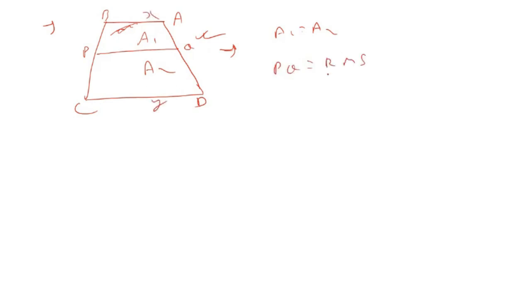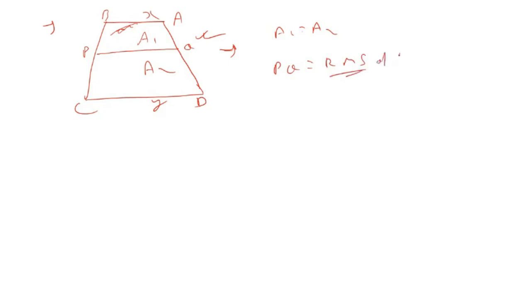There is also a concept: if we draw a line that divides the trapezium into two equal areas, so A1 equals A2, then PQ will be equal to the root mean square of the parallel sides. It is a good way to remember.